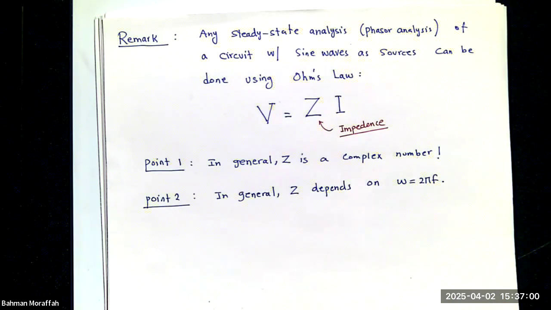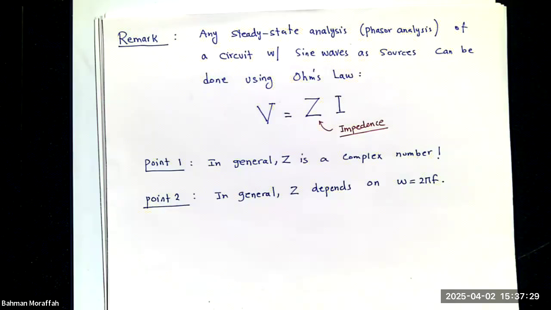Great question. Is impedance a phasor? Absolutely not. An impedance is just a complex number. But a phasor represents a sine wave. So impedance is not a phasor.